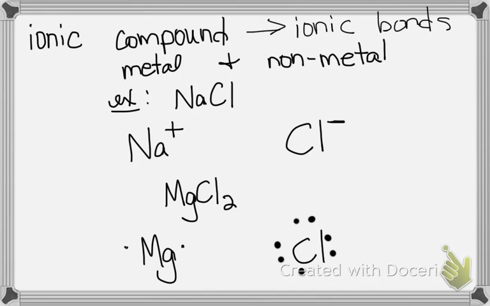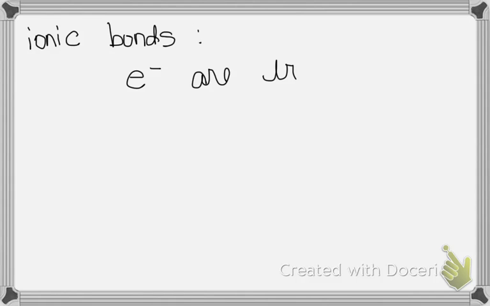In an ionic bond, electrons are transferred. That's what we just talked about on the previous slide. How does sodium get to be a +1 charge? It gives up an electron. How does chlorine get to be -1? It gains an electron. That's an electron being transferred.